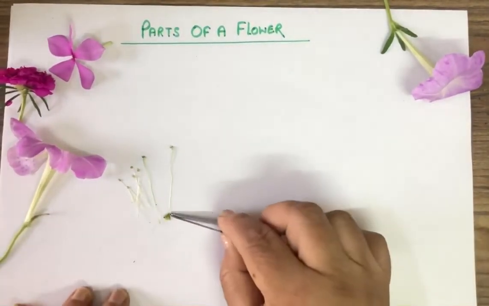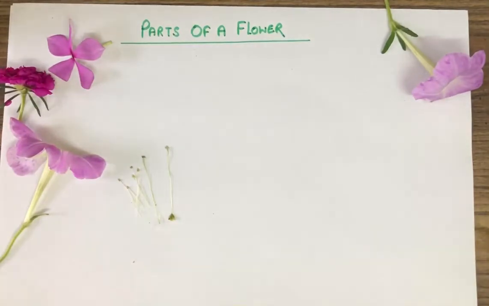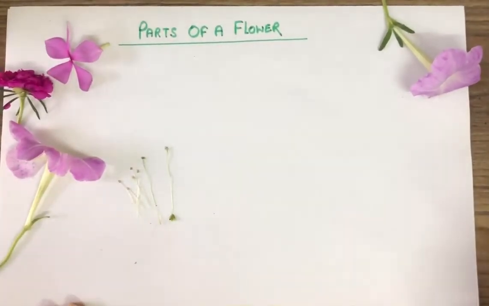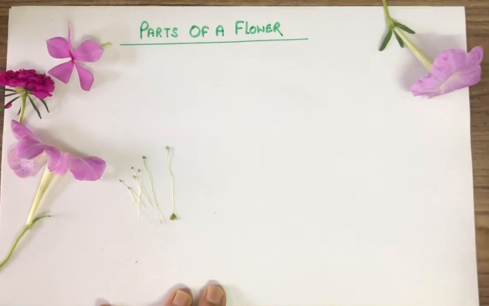You can see, this is the complete female part of the flower. Now I'll show you the different parts as well as their names with the help of a diagram.